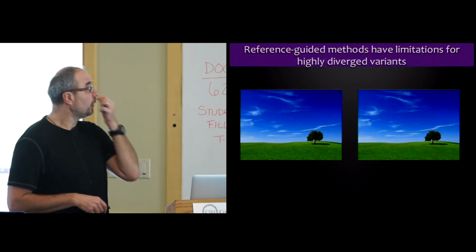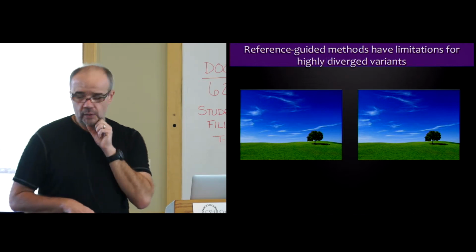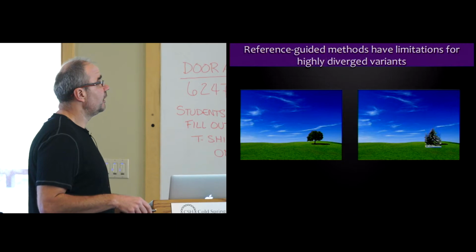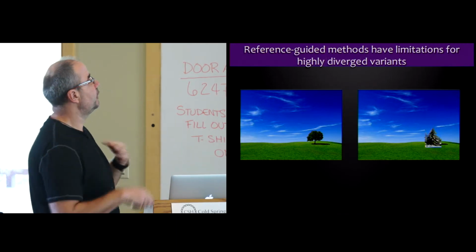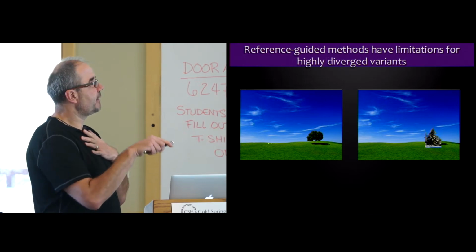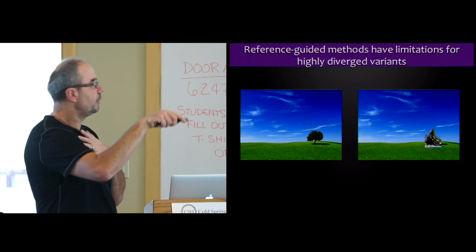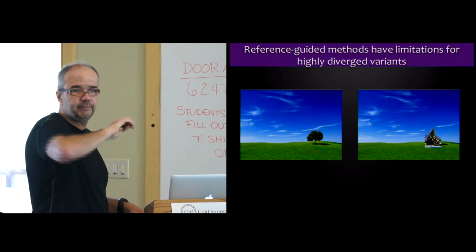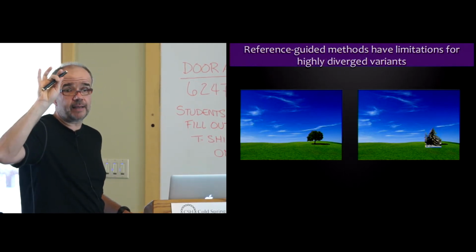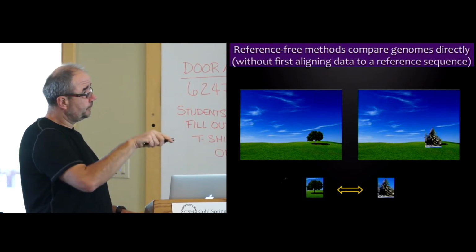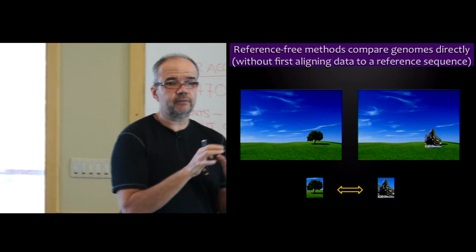So another way to detect variants, instead of taking the fragments that represent each of these and mapping them back to the appropriate place, is to compare these two directly without an intermediate step of mapping to a reference, and just focus on regions that are different between two individuals.